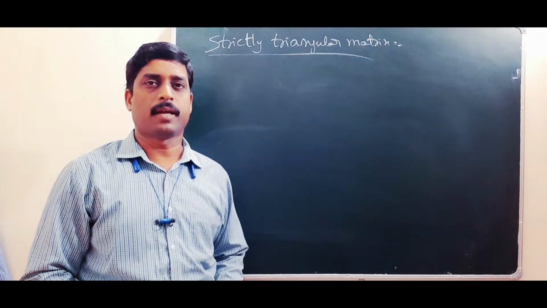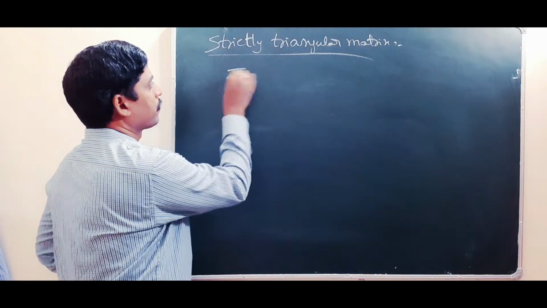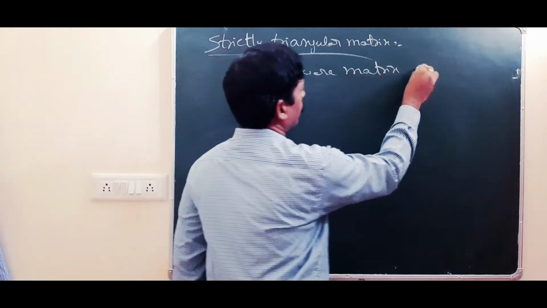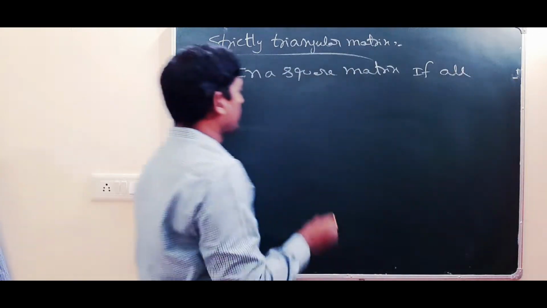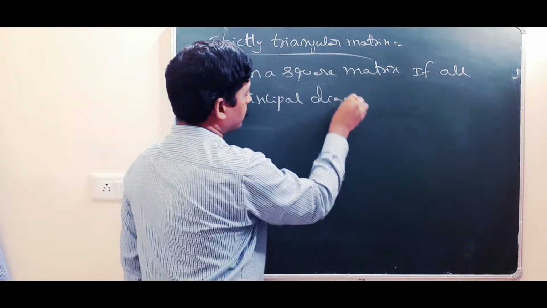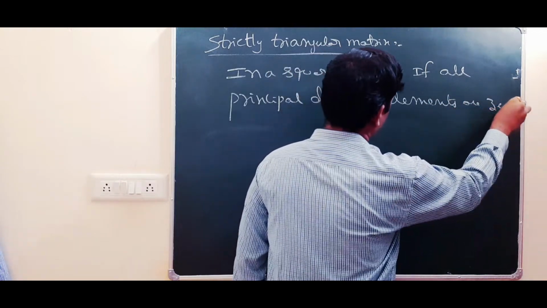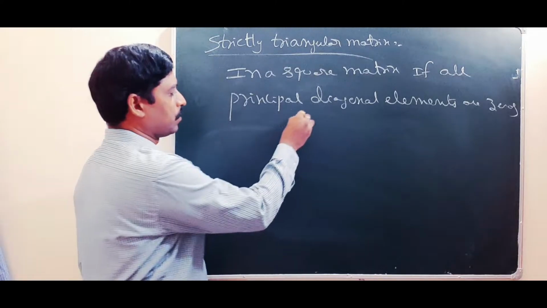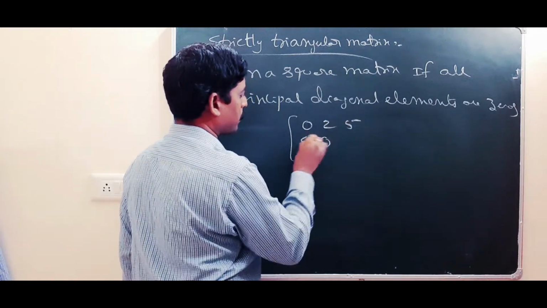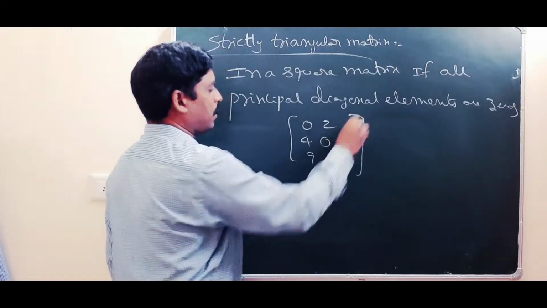Now explain strictly triangular matrix. What is a strictly triangular matrix? In a square matrix, if all principal diagonal elements are zeros, so this is called strictly triangular matrix.